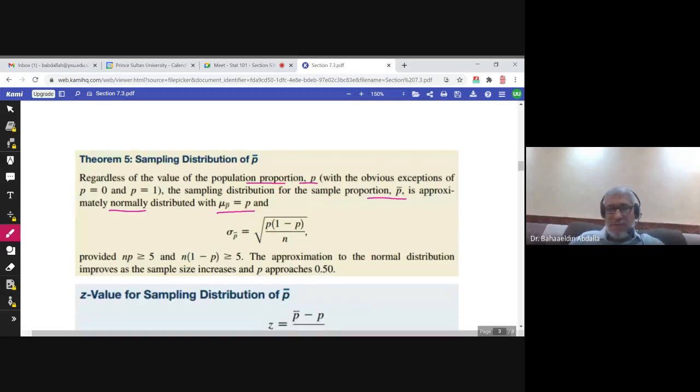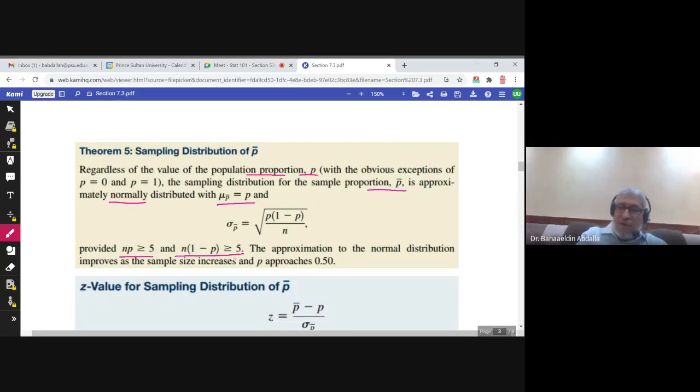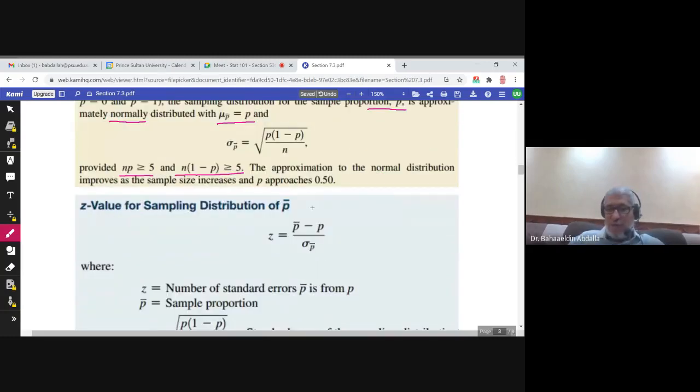where P is the population proportion and Q is 1 minus P. So the distribution of P bar is normal with mu equal to P, sigma equal to the square root of P times 1 minus P over n, under these two conditions. Now, because the sampling distribution of P bar is normal, we can change it to the standard normal, which is Z. How?